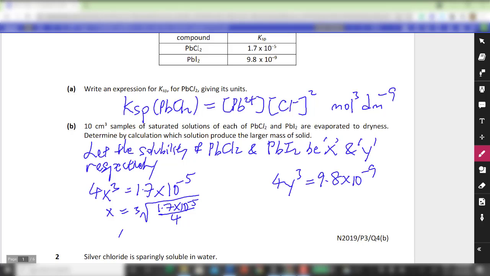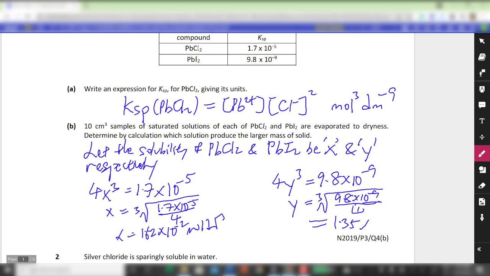In that case I'm going to get x to be 1.62 times 10 to the power of minus 2 moles per dm cube, and then using the same method, cube root of 9.8 times 10 to the power of minus 9 divided by 4, I'm going to end up with 1.35 times 10 to the power of minus 3 moles per dm cube.